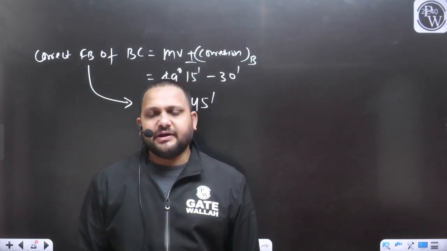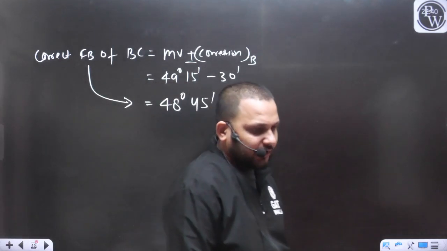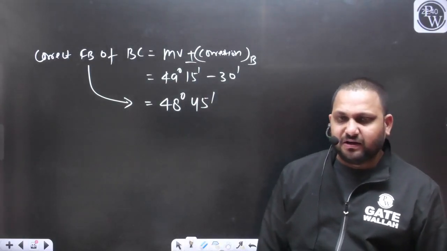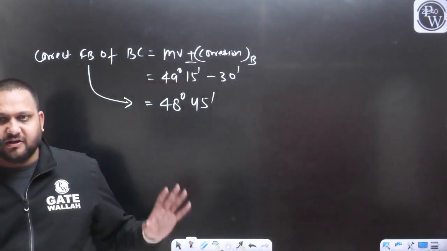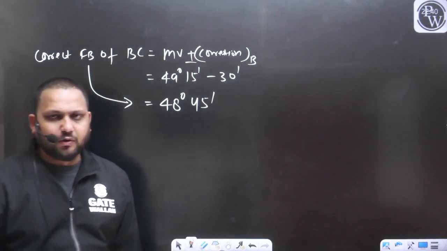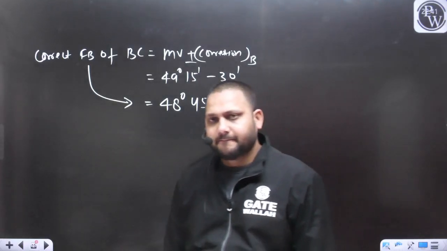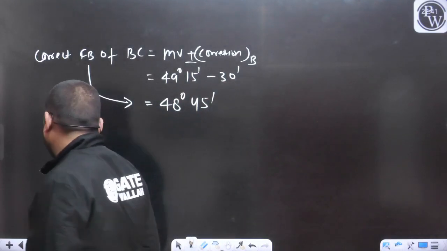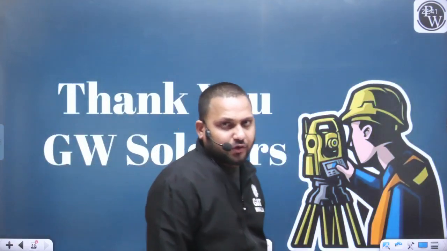So in this way, we have completed our discussion for local attraction. All the concept part we have covered, all the important observations we have discussed, and we have also completed a numerical problem based on local attraction. If anyone has any doubt or query at any concept, you can ask your doubt.